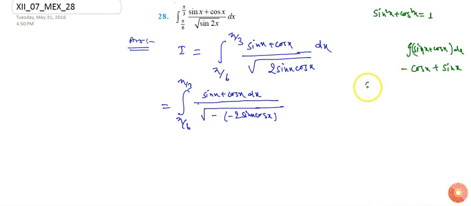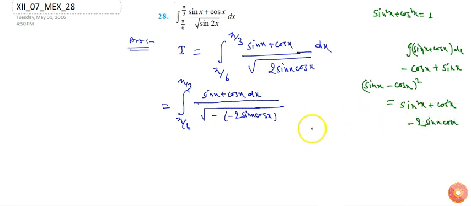So if I need to make the perfect square of sin x minus cos x whole square, what will I need? It is sin square x plus cos square x minus 2 sin x cos x. So in the expression under the root, I have plus 2 sin x cos x, so I have written it as minus of 2 sin x cos x.